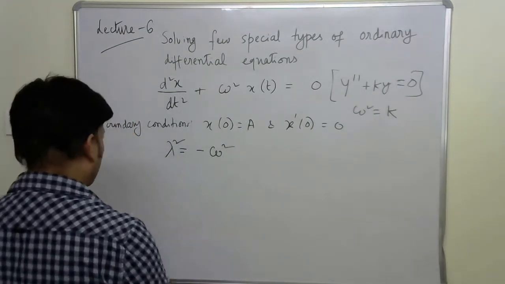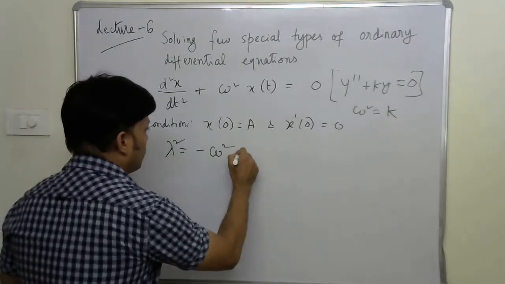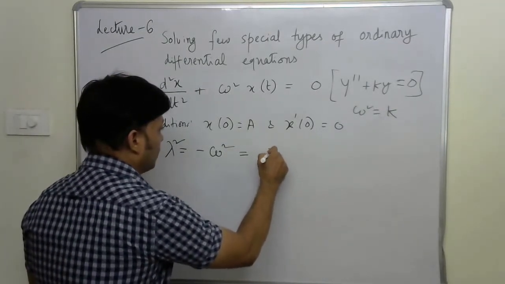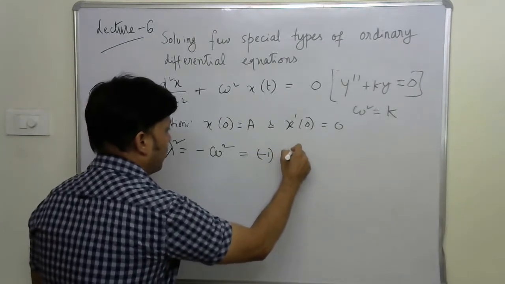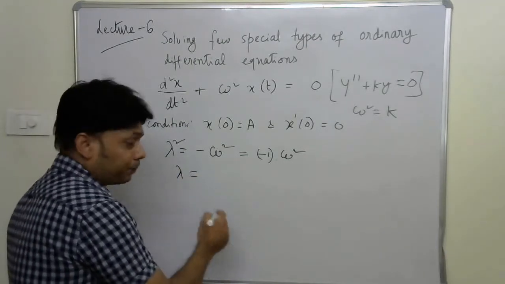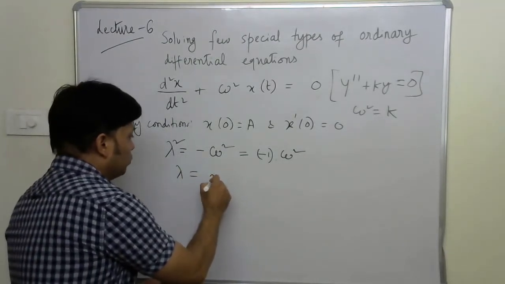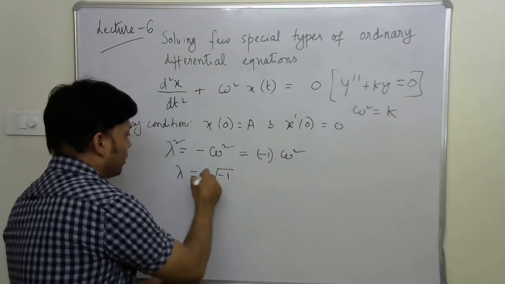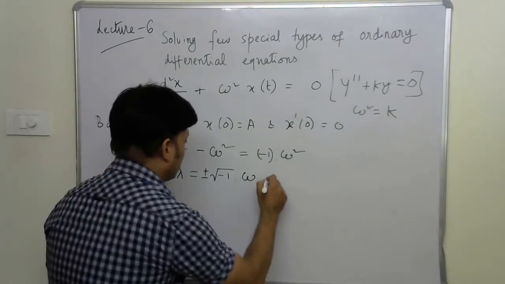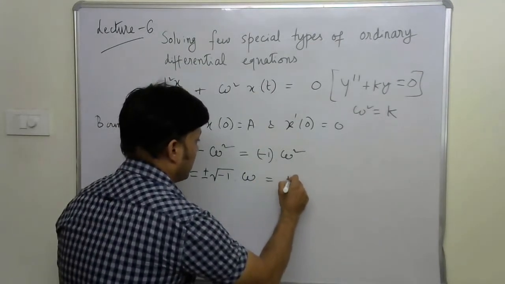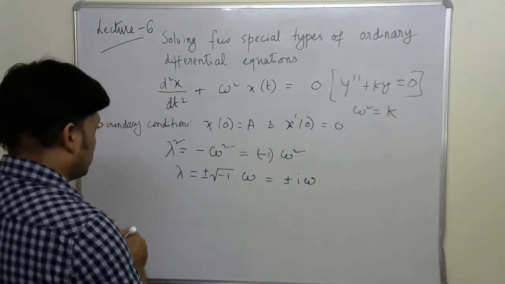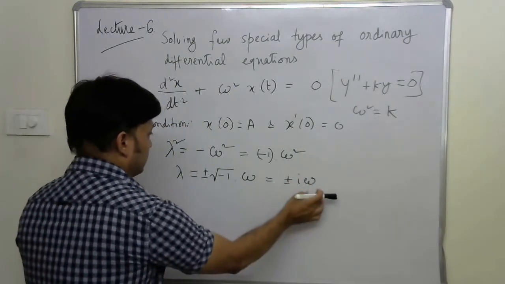So now the thing is how we can solve lambda from this. Of course we can write minus omega square as minus 1 multiplied by omega square. So when we solve for lambda, it becomes plus or minus root over minus 1 multiplied by omega, or simply plus or minus i omega.